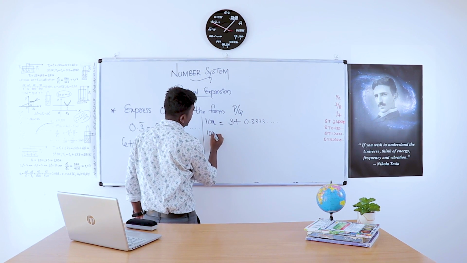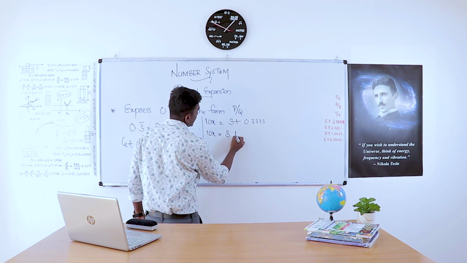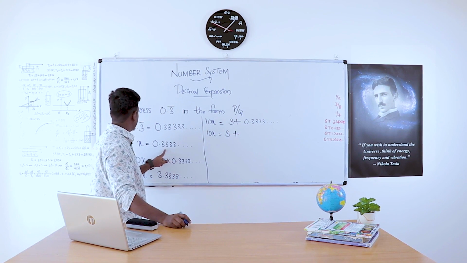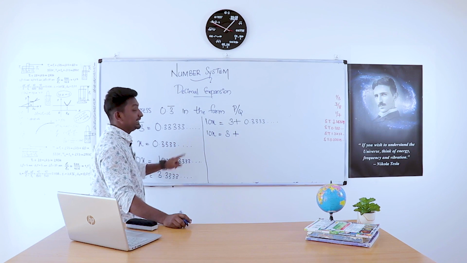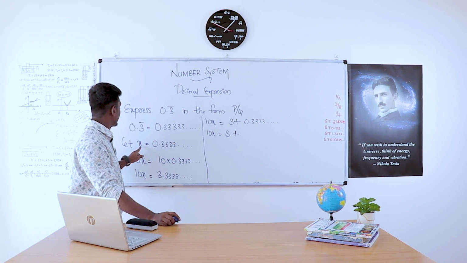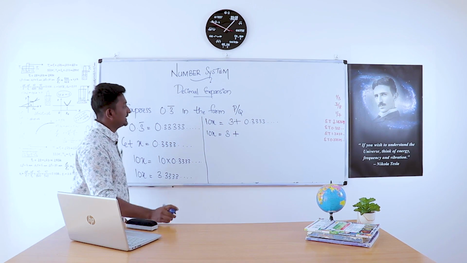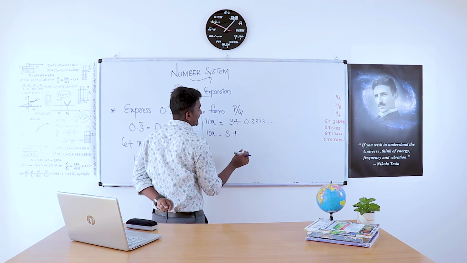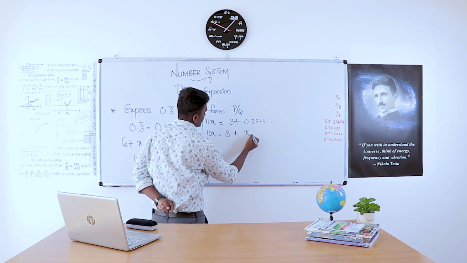Then 10x is equal to 3 plus 0.3333, etc. This is what we represented as x. That is, x is equal to 0.3333. Therefore, in this position 0.33333, etc., we can write x.